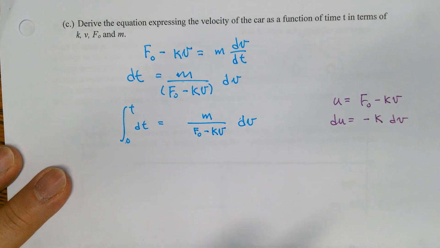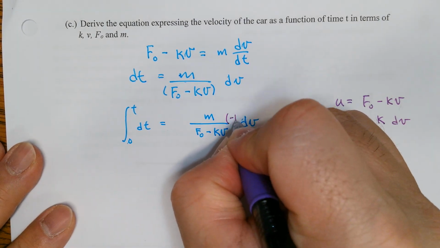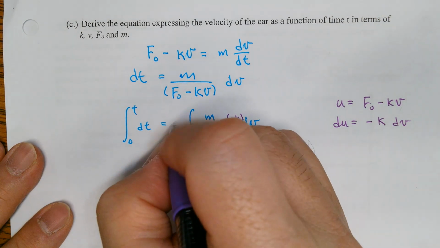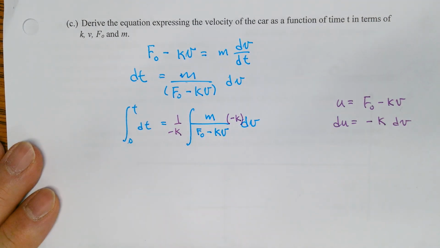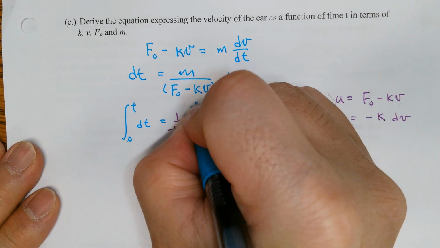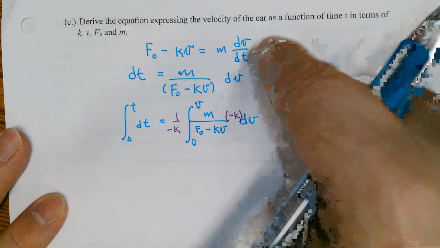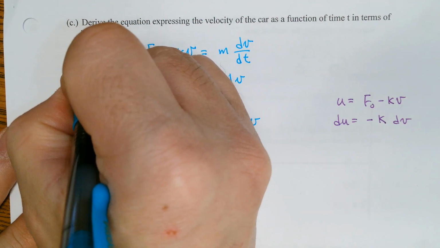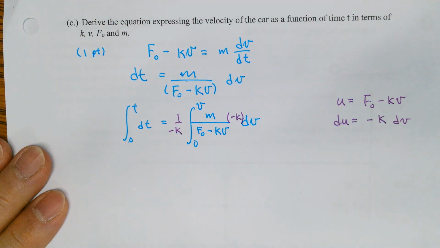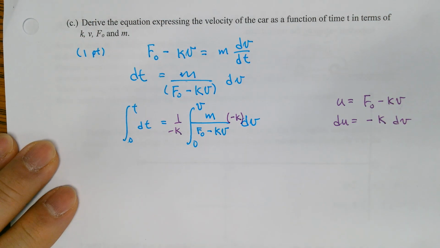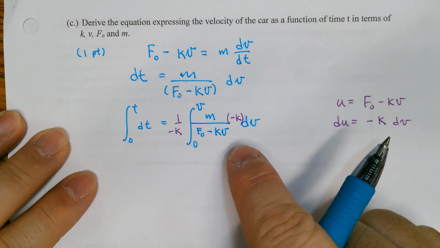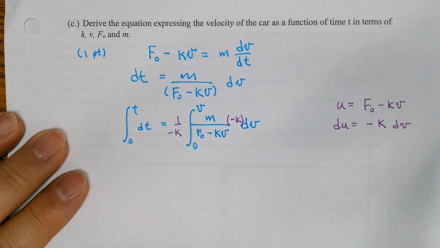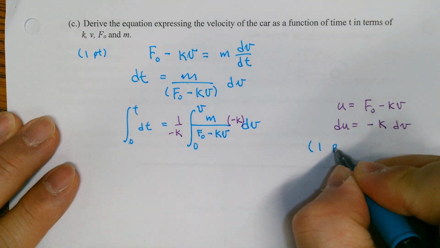So in order to make this legit, you say negative k here, and then integrate that, and you do 1 over negative k here from 0 to v. Just for having this equation, you get 1 point. And setting this up for knowing your substitution u is also worth 1 point.